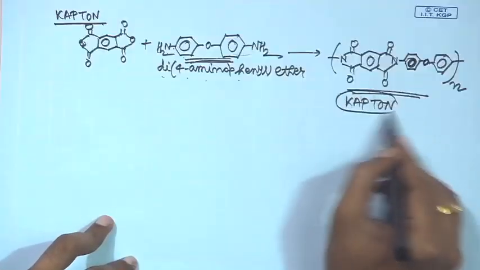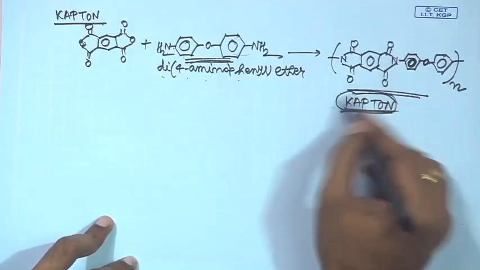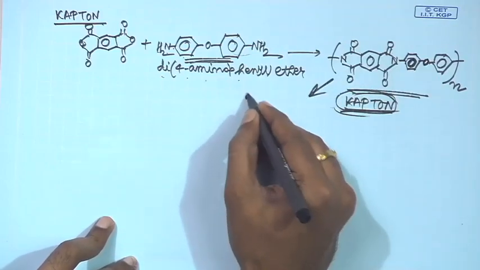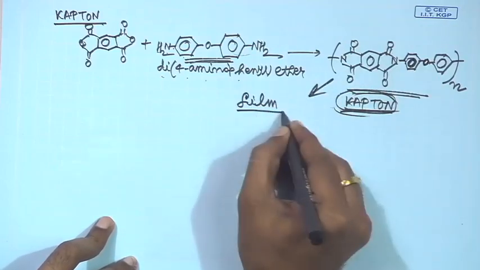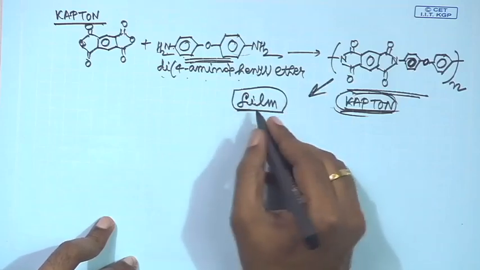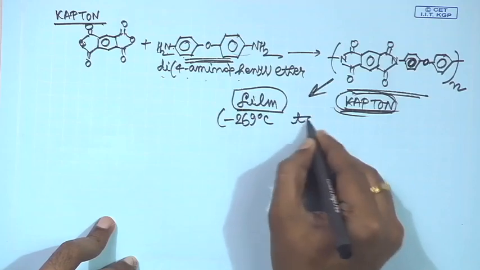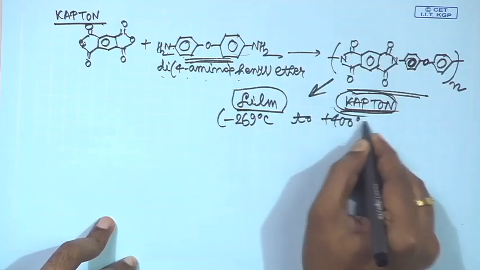So, this particular Kapton, when you make a film out of this polyimide, is stable across a wide range of temperature from minus 269 degrees Celsius to plus 400 degrees Celsius.